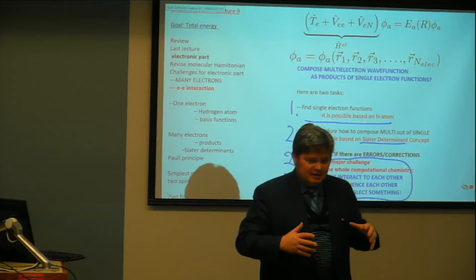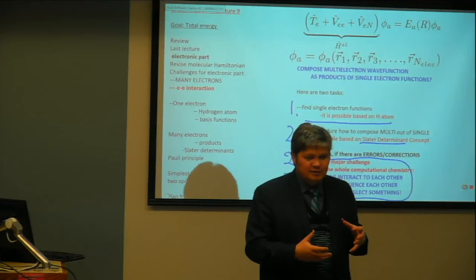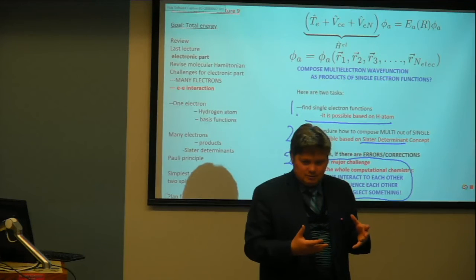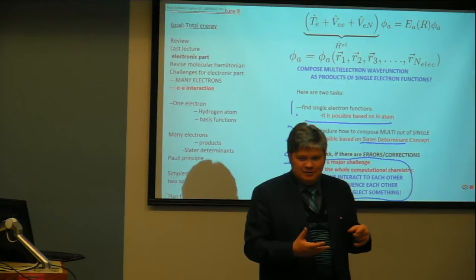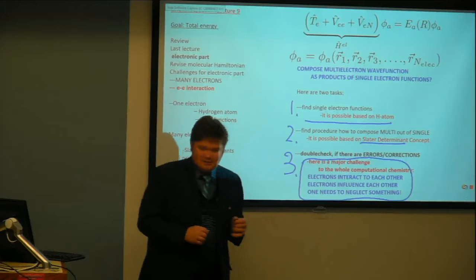Not that everything will be super simple, but it will at least be possible. It will not be like 10 to the power 42 for a second. It will be much less.